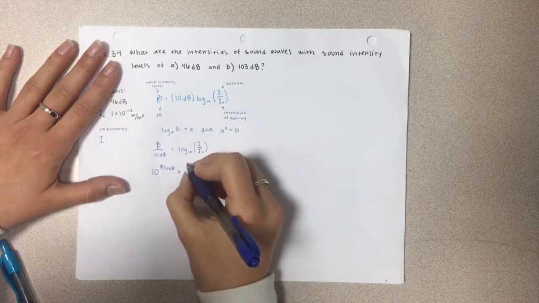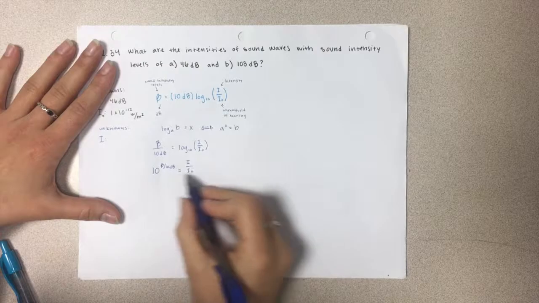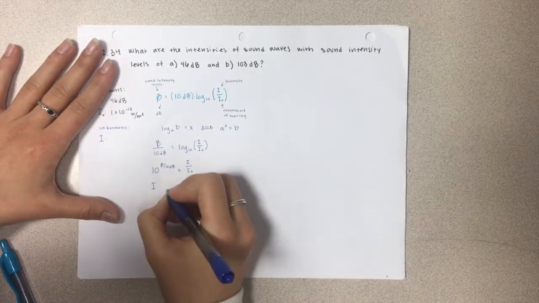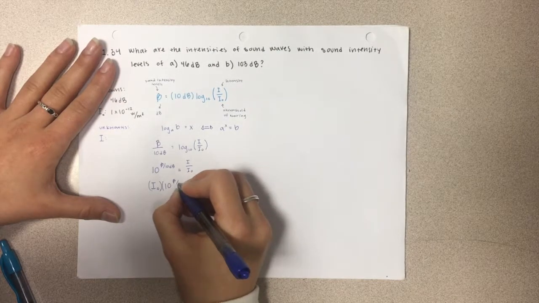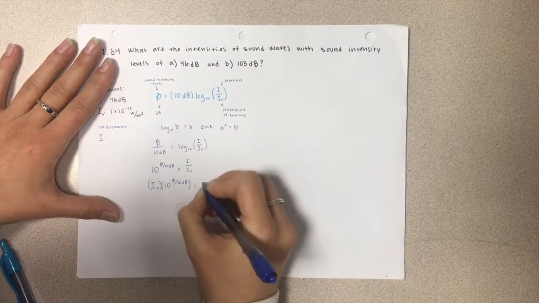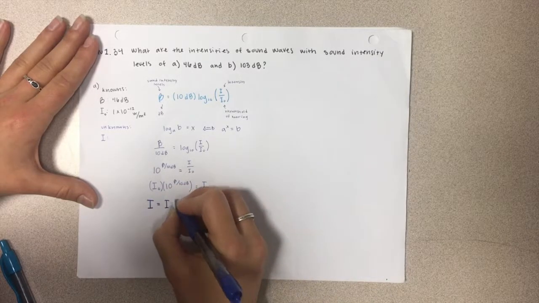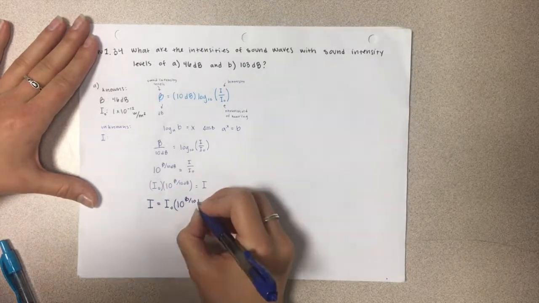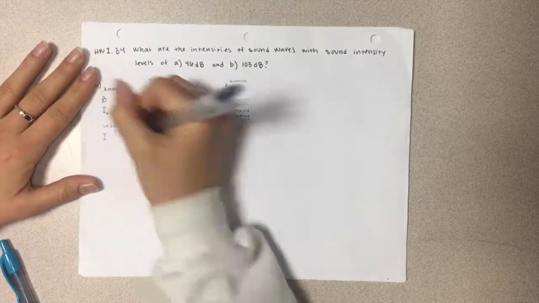Now we can isolate intensity by multiplying both sides by threshold of hearing, and we come out with this equation here, that I is equal to threshold of hearing times 10 to the beta over 10 decibels.